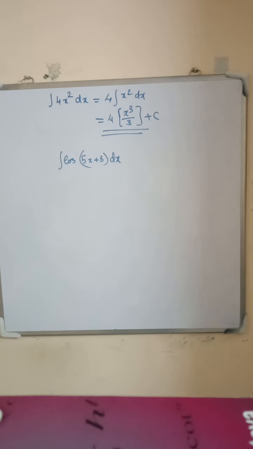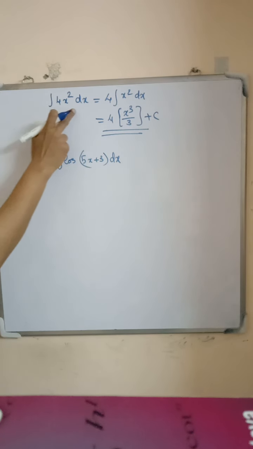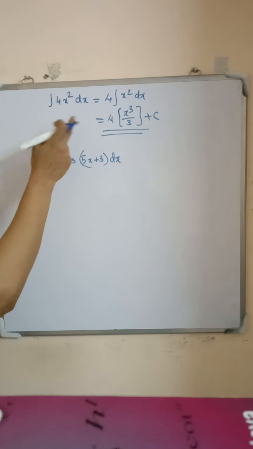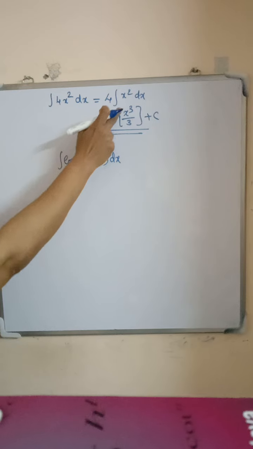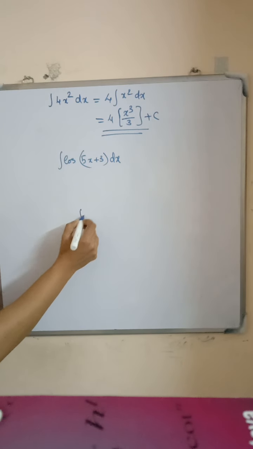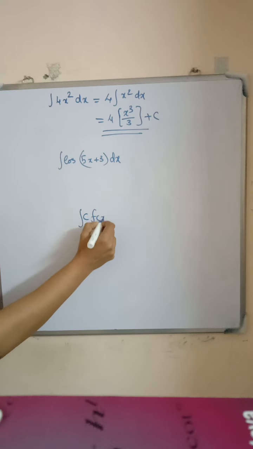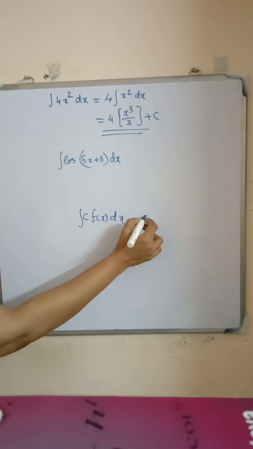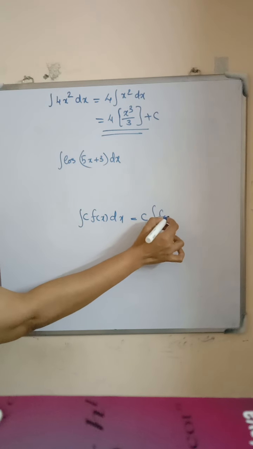Now find integral 4x square dx. That is 4 into integral x square dx, which is equal to 4 into x cube by 3 plus c. That is, integral of c into f of x dx, a constant into a function, is equal to the constant into the integral of the function.